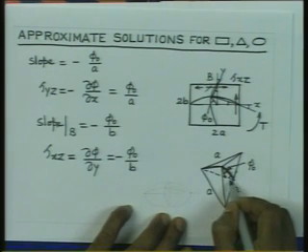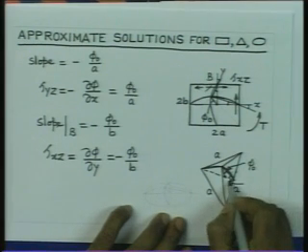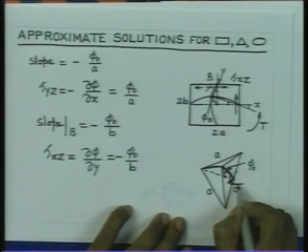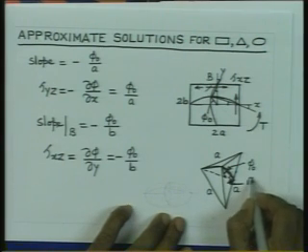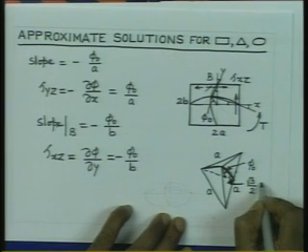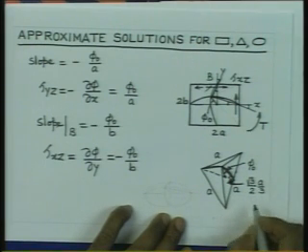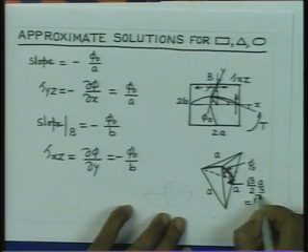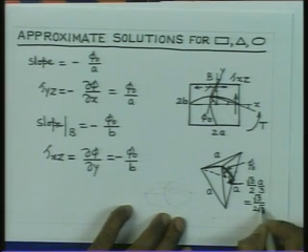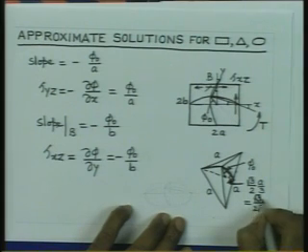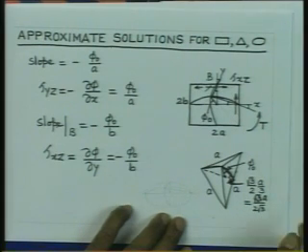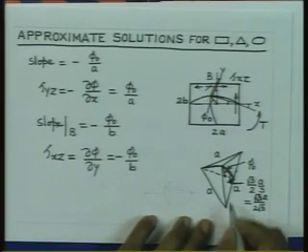This distance is root 3 by 2 A by 3, that is nothing but A by 2 into root 3.